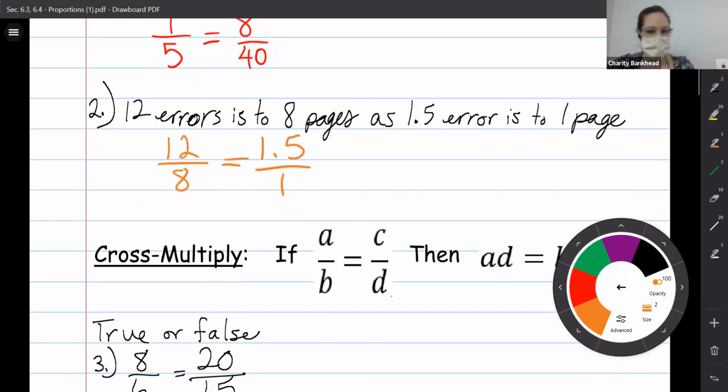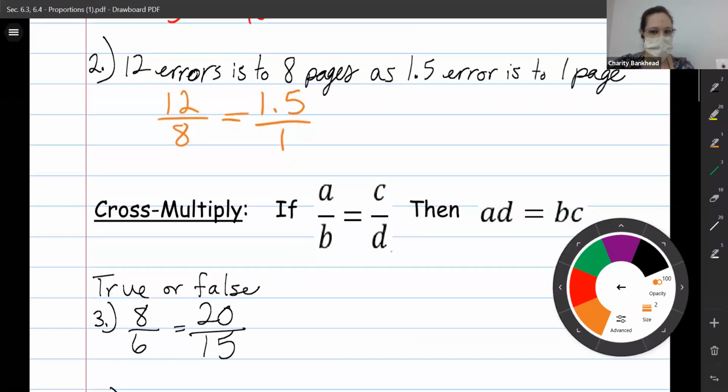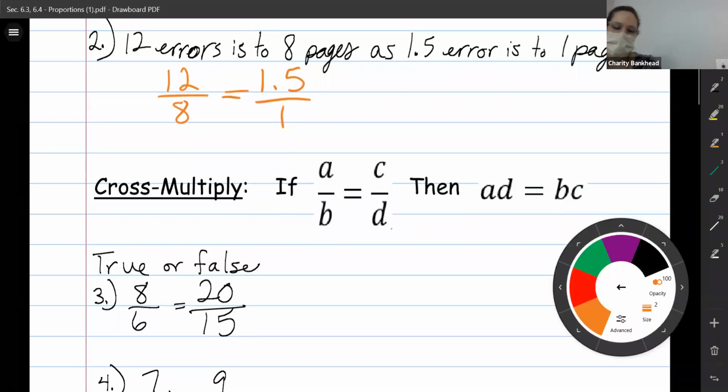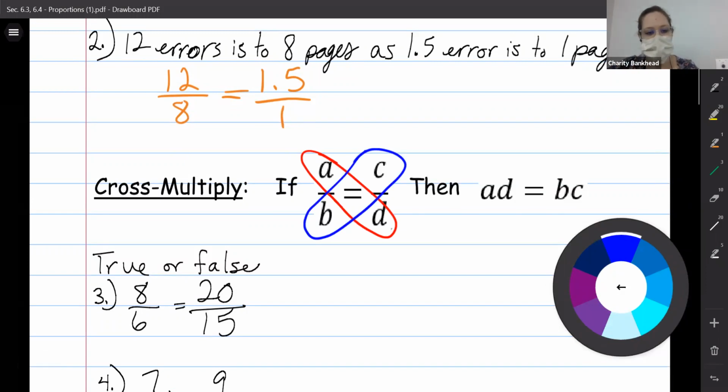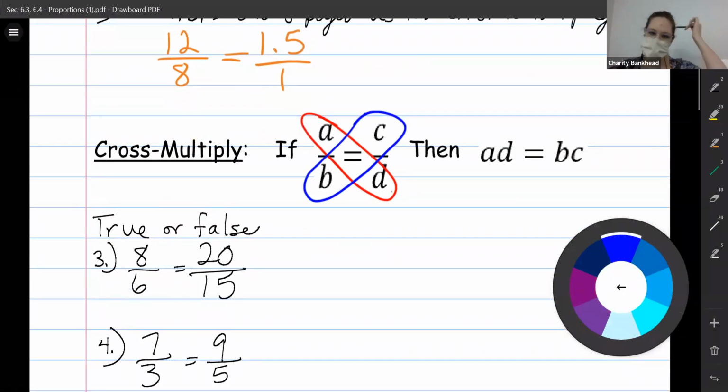So with proportions, you can cross multiply. If you have a true proportion of A over B equals C over D, then it must also be true that A times D is equal to B times C. So you have these questions here of proportions asking you true or false.